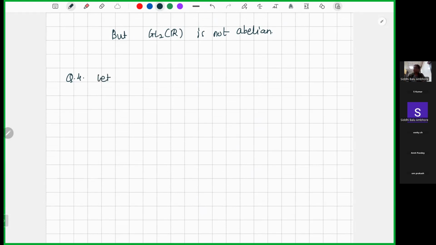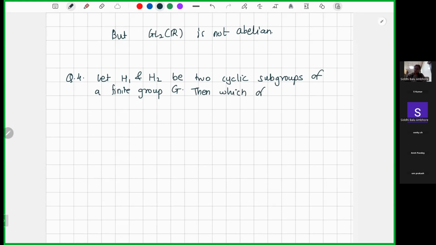Let H1 and H2 be two cyclic subgroups of a finite group G. If G is finite, then we have to check which of the following statements are true or not.